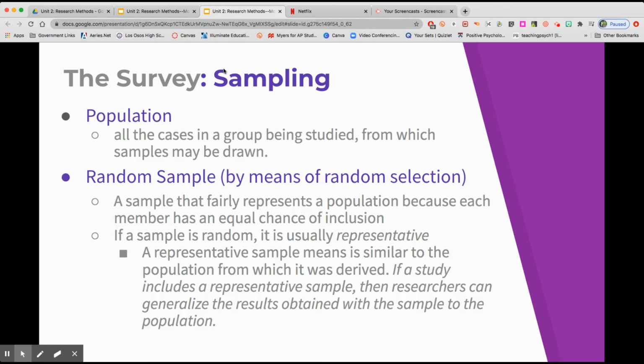Okay, it could be on a small scale, as simple as if I was doing a survey of the population of students who are in my class, I would put all of your names in a hat, and randomly draw out, say, 50 of them out of the 100 plus students I have. And by putting everyone's name in a hat, making sure they're all on similar size paper, everyone in that population, my class, my students, have an equal chance of being chosen. And generally what happens if a sample is random, it is usually representative, meaning it is similar in makeup to the population from which it was derived.